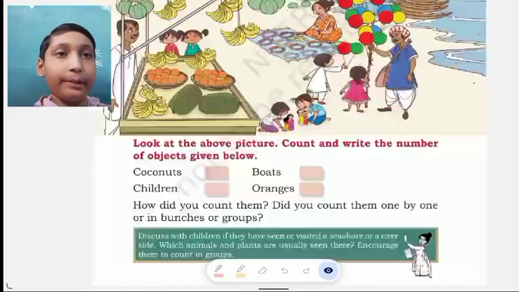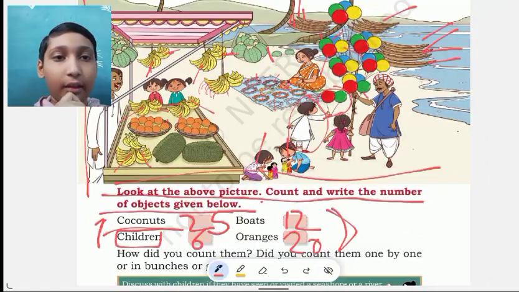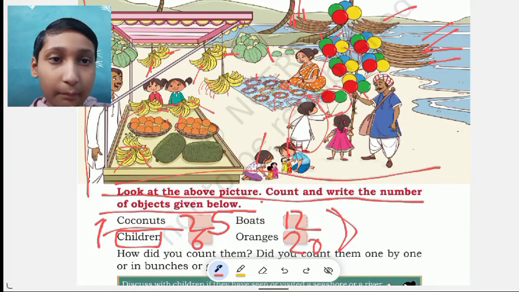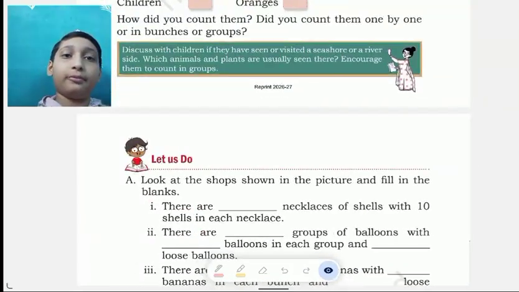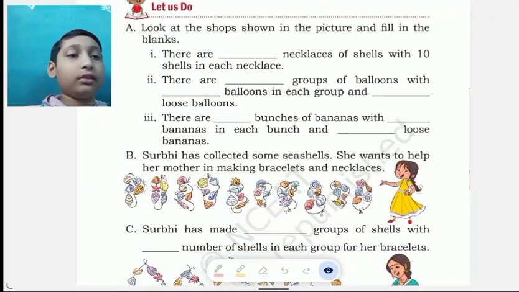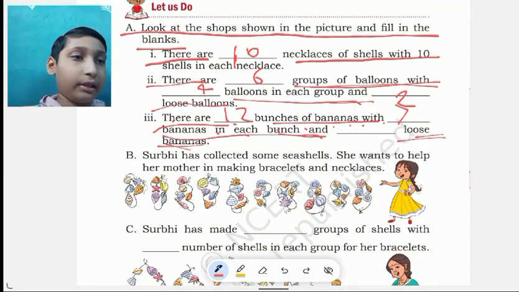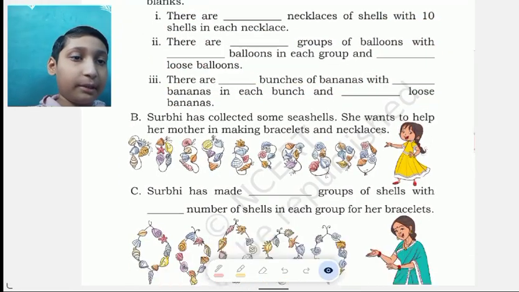You have to see how many loose bananas there are. We can see this little pitiful bunch with 1, 2, 3, 4 bananas, and they are separated and not in a group of bananas. So we have to write 4 loose bananas.